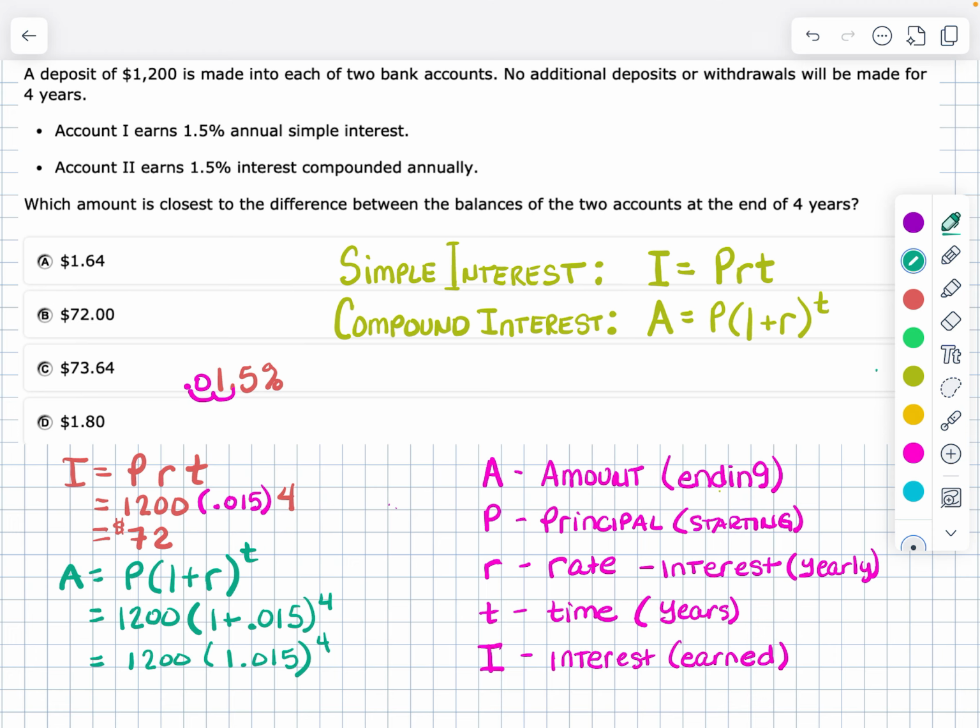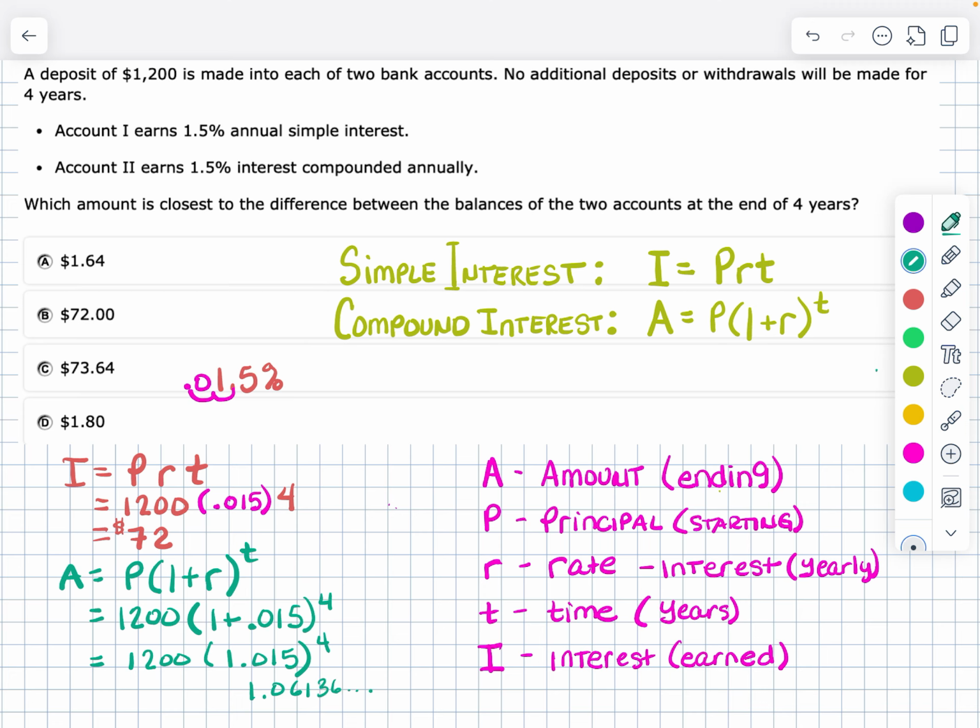And I need to do the exponent part of it first. So I'm going to do 1.015 raised to the power of 4, and I get this big long number. It's 1.06136 and some other numbers. And you don't necessarily have to write it down.